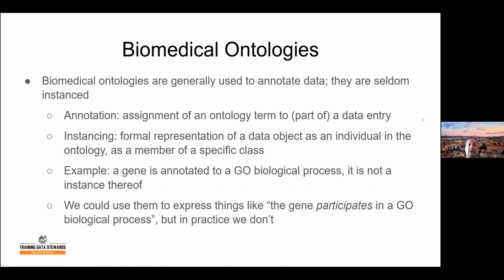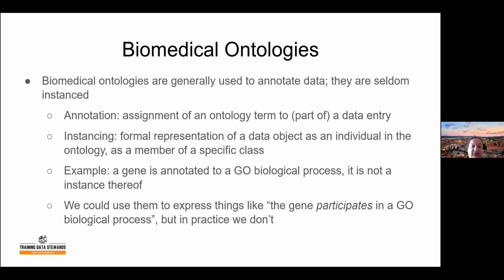And another particularity is that in the biomedical domain, ontologies are generally used to annotate data, so they are seldom instanced. And what do we mean by this? The key difference is that an annotation is when you assign an ontology term to describe a data entity or part of a data entity. Whereas in an instance, you have a formal representation of a data object as an individual in the ontology, a member of a specific class in the ontology.